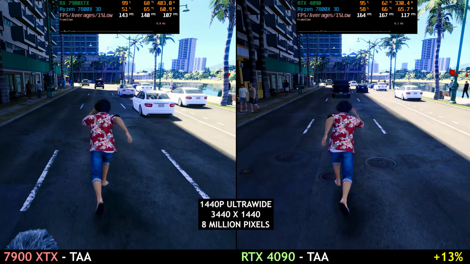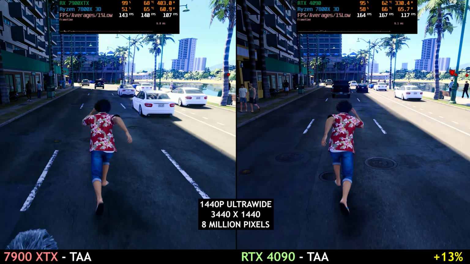We're going to start with the 7900 XTX, and because this game got the FSR 3.1 update, we can actually keep TAA on both sides. So on the left, we have the 7900 XTX native TAA, where we average 110 FPS.